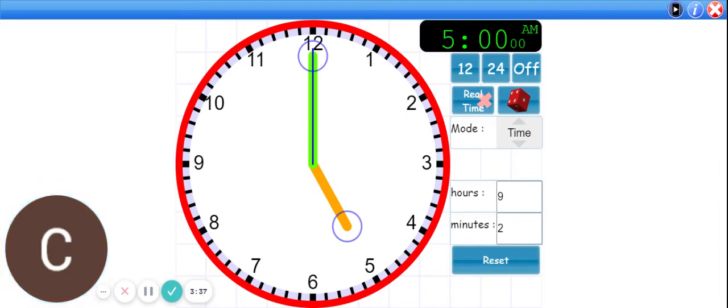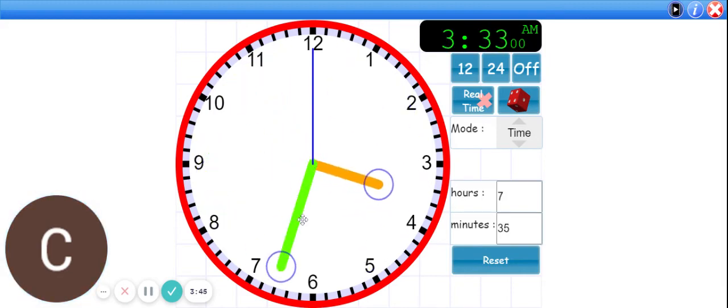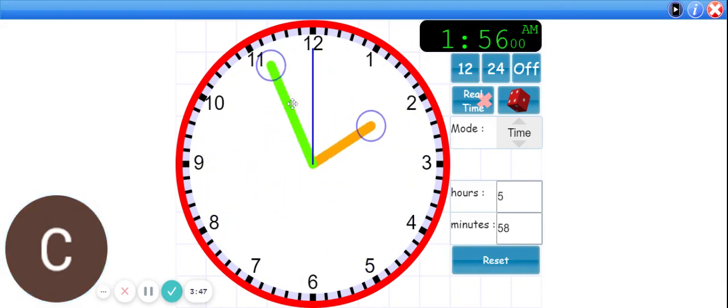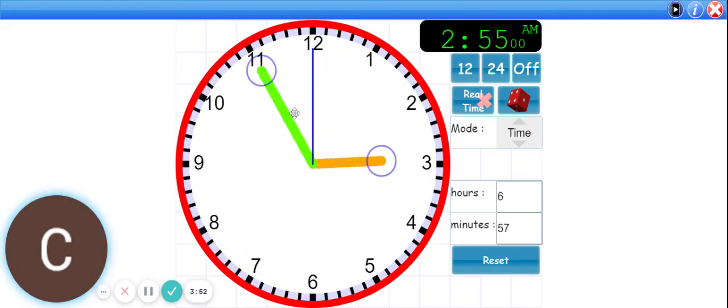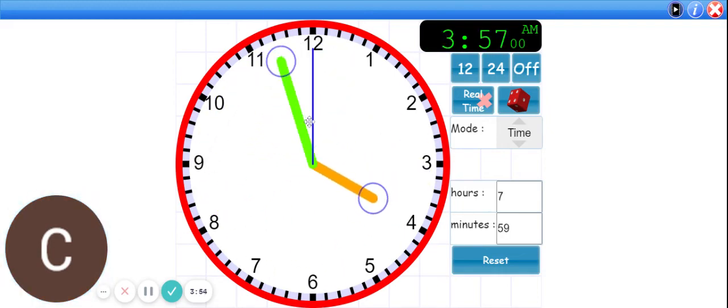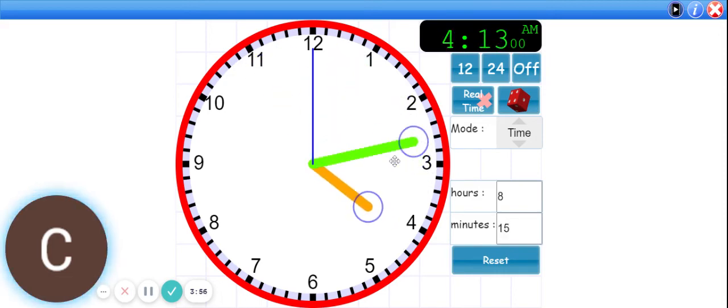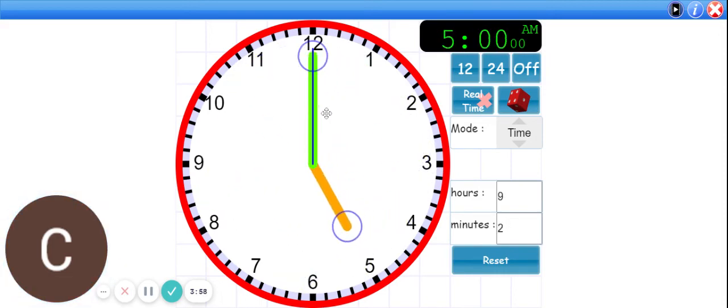When I'm trying to find an earlier time, I move my long hand anti-clockwise. So the opposite way to later, anti-clockwise. Okay? So I'm just moving it back now.